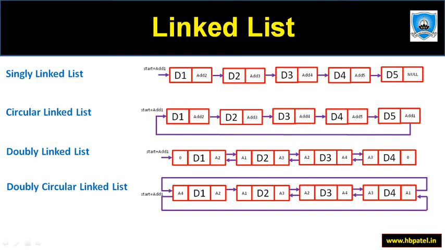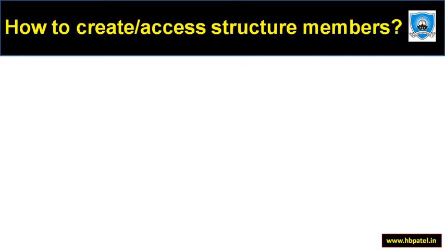But in this particular video we will be talking about how to create a simple singly linked list. So let us talk about how to create. For that, as we know, every node comprises two members, data member and address member.